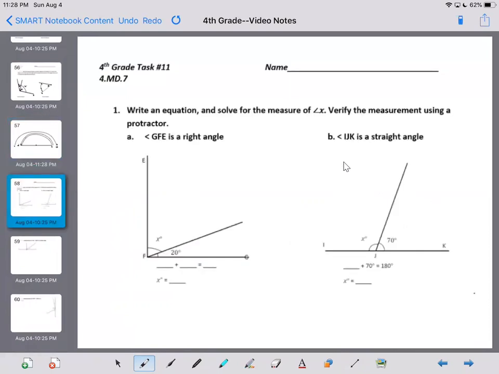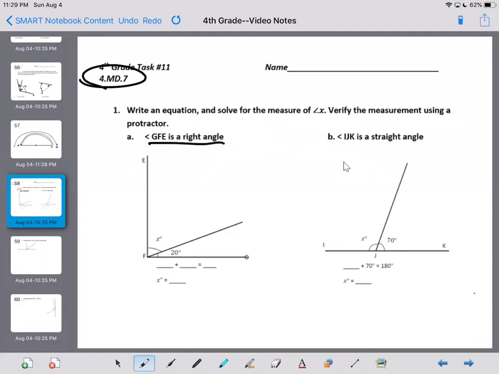task number 10. And so then task 11, we're looking at 4.MD.7. And that is looking at measures that are additive. So we're going to look at angles that we can decompose into non-overlapping parts where we know what the sum of the angles would be. So we're thinking about, in this case, we know that angle GFE is a right angle.